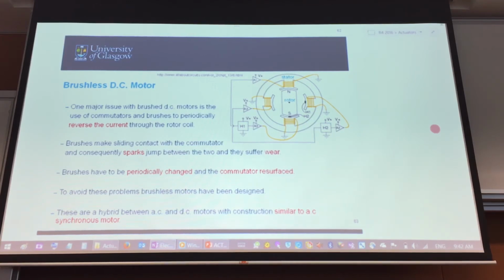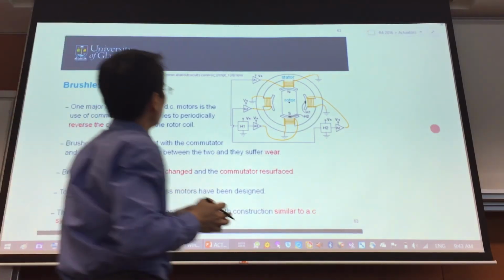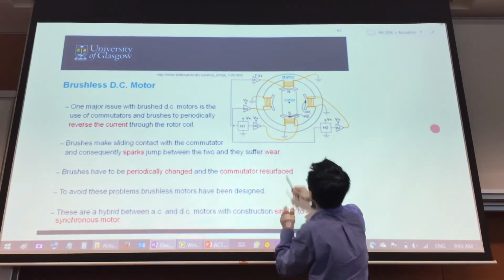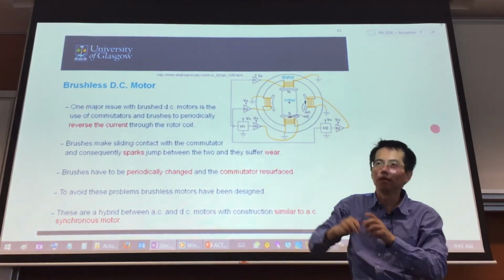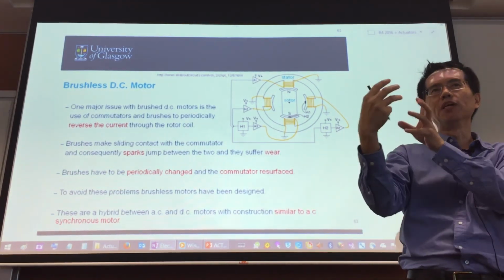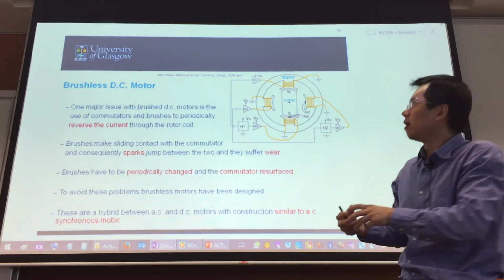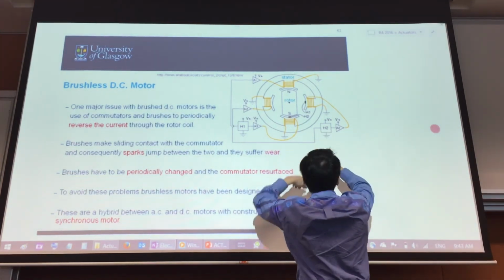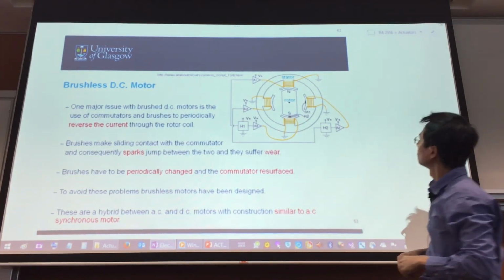The brushless DC motor inverts this. You have the outside that has the coil of wire, and the inside that is your magnet. So your rotor now, the thing that rotates, is your permanent magnet, and what is out there is your stator.